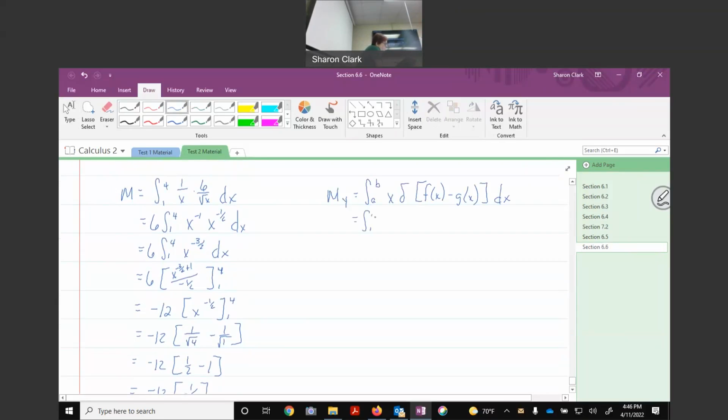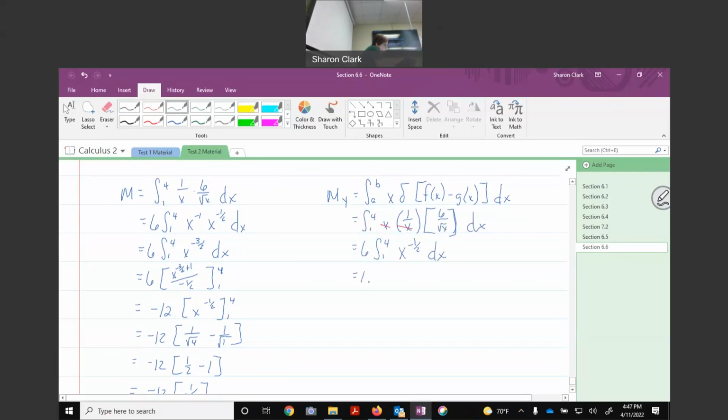That's the integral from 1 to 4 of x times 1 over x times 6 over the square root of x dx. This x cancels with this, and that gives me 6 integral 1 to 4 of x to the negative 1/2 dx.